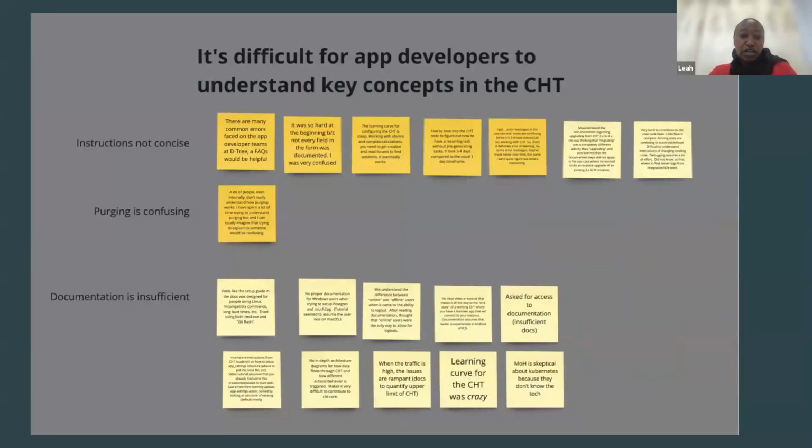So expounding again further on one of the insights, that is, it's difficult for app developers to understand key concepts in CHT. We also had a number of new issues, the ones in yellow. So there were issues to do with insufficient documentation, some of which included no proper documentation for Windows users when they are trying to set up Postgres.